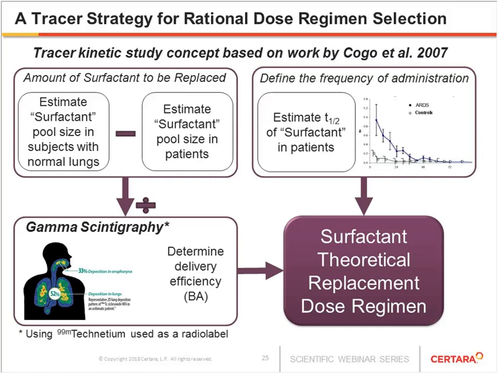So with the gamma scintigraphy, we would learn how much of that surfactant would be deposited by our device in the lung, analogous to learning about the bioavailability. Now, with these three pieces of information, we would be able to make those recommendations for various indications in the upcoming patient studies in phase 2.